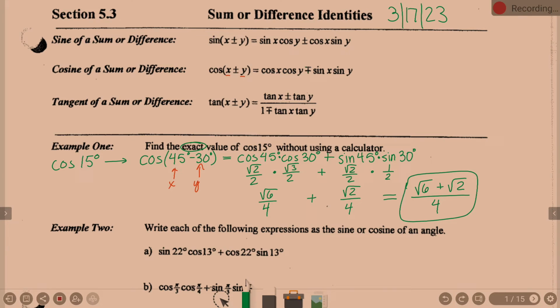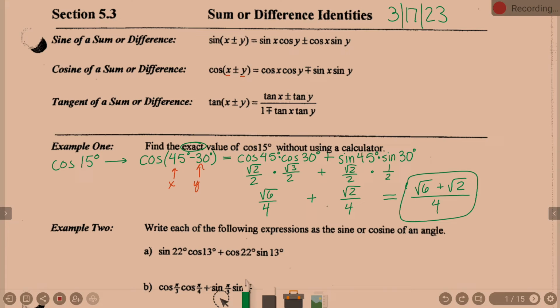If I enter square root of 6 plus square root of 2 all over 4, it is equivalent to this decimal, yes?